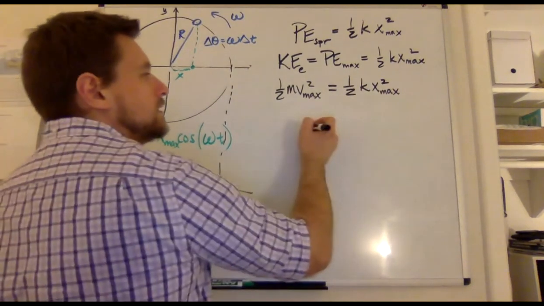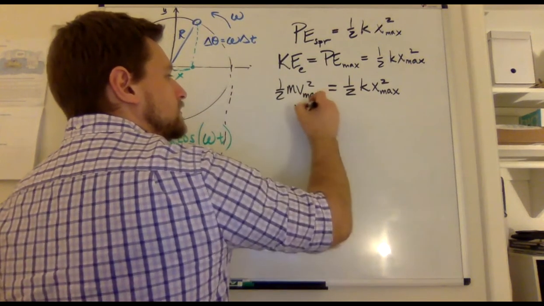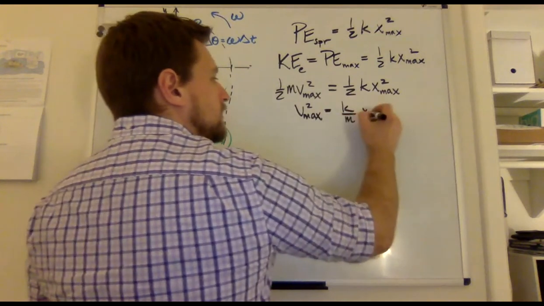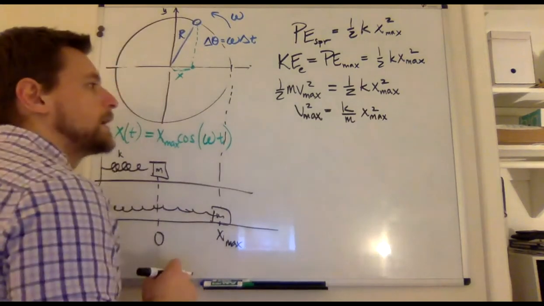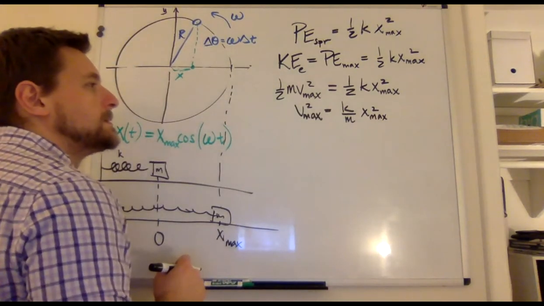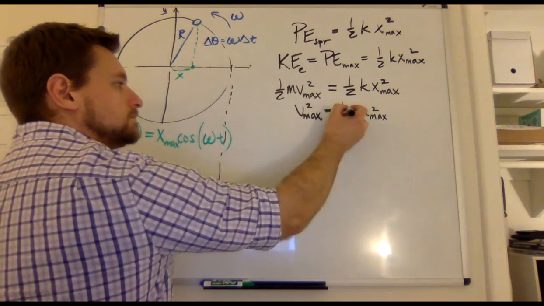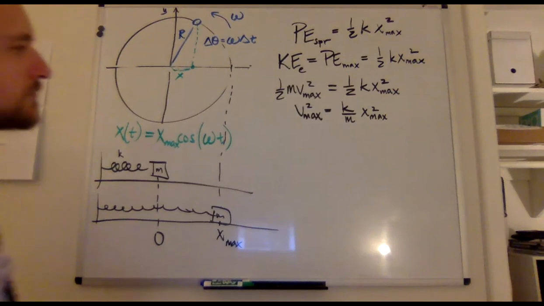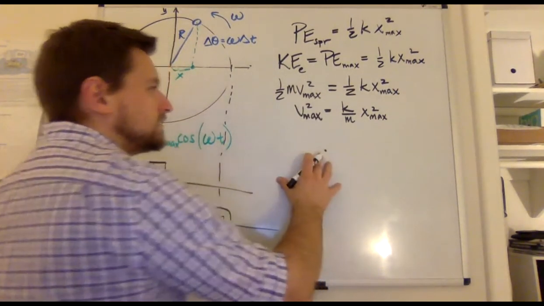Okay. So let's see, v max squared is k over m x max squared. Okay, that's fine.